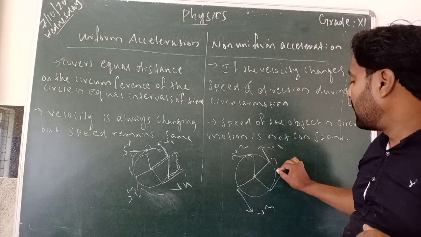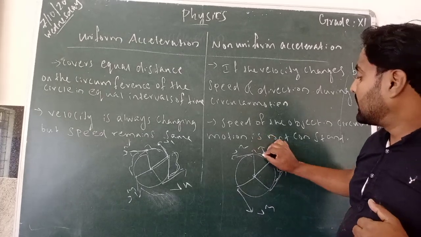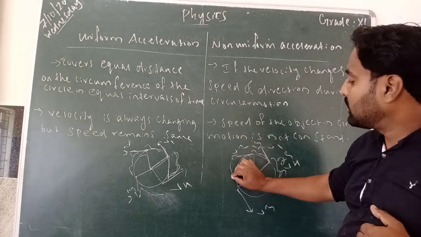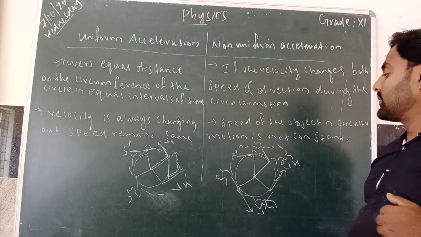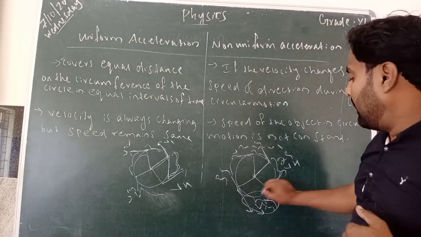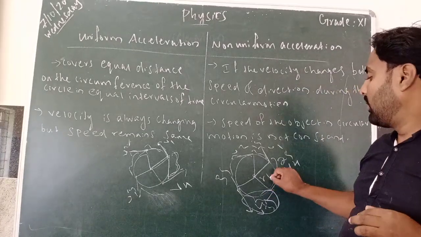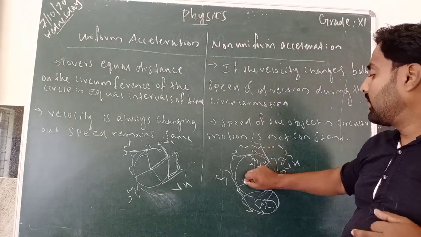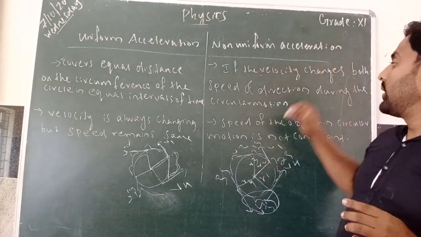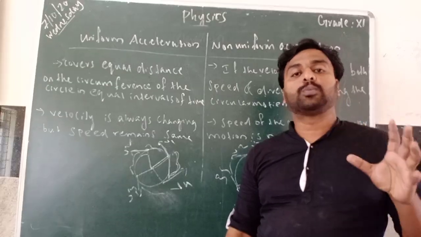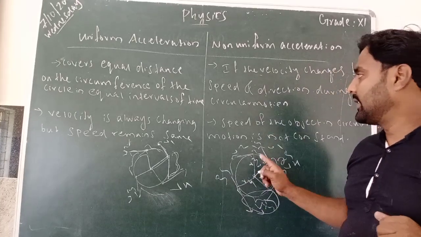Speed changing means maybe for this much distance it takes 2 seconds, this much distance maybe 1 second, this much distance maybe 3 seconds, and this much distance maybe 4 seconds. So at each position R1, R2, R3, R4, velocity changes both speed and direction. Both the magnitude and the direction are changing. That is what we are saying.